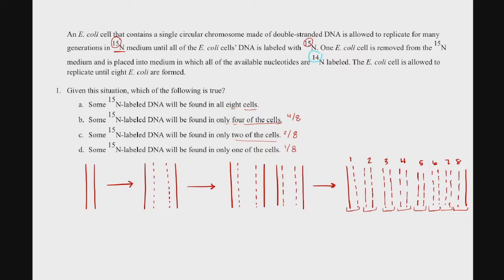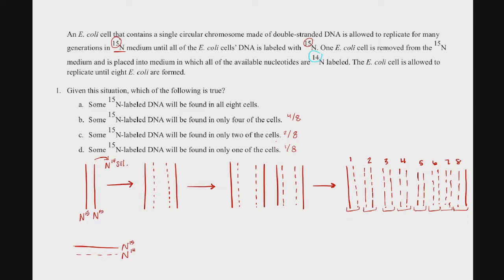So if we look at the diagram that I drew below, right here we're starting with 2 N15 strands. A line straight through is N15. A dotted line is representative of N14. Remember that this has been placed in N14 solution.